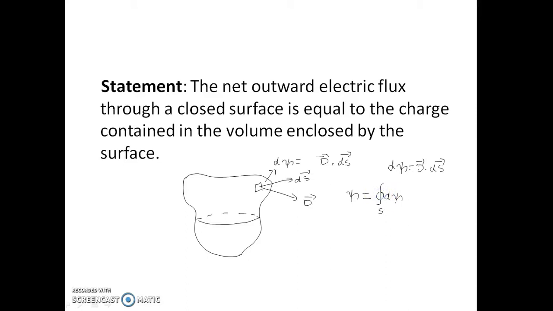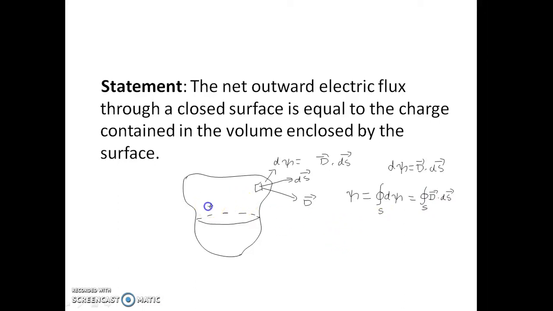This circle indicates that it's a closed surface. So this is the flux emerging from the closed surface.